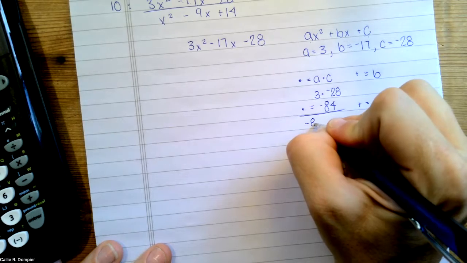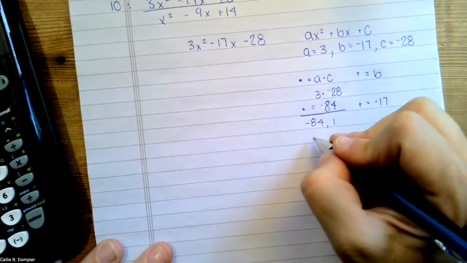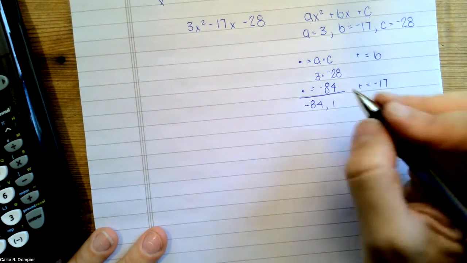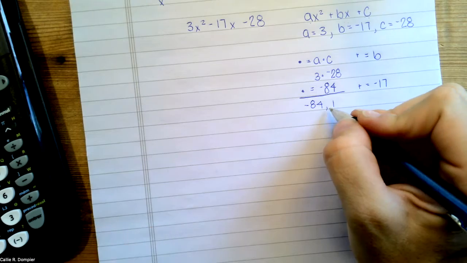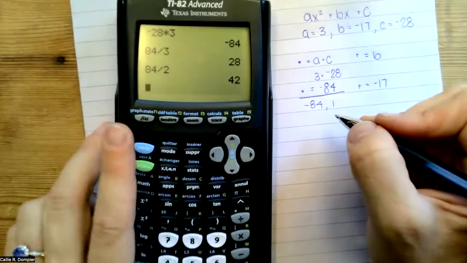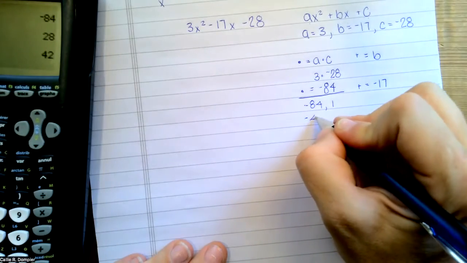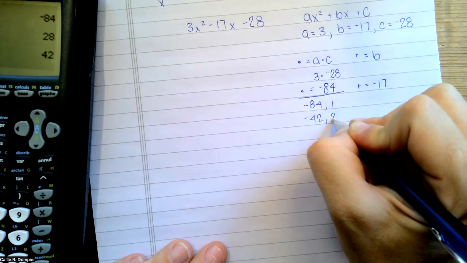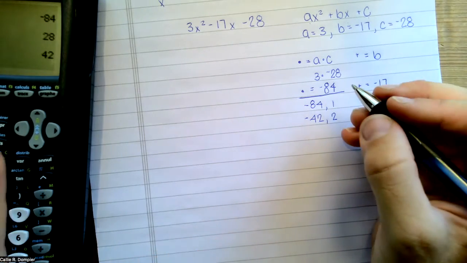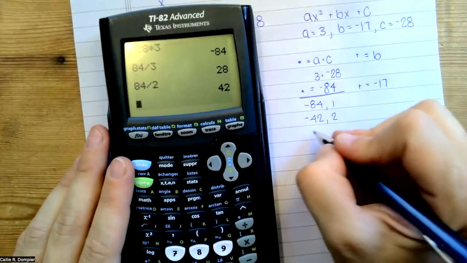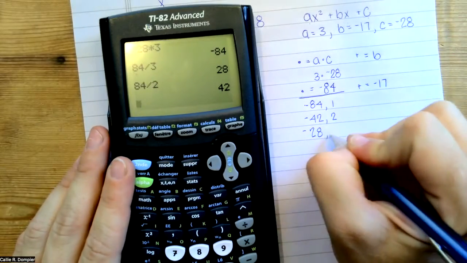Obviously, we have negative 84 and 1, or 84 and negative 1, right? We have, what's 84 divided by 2? It's 42. So we have negative 42, 2, right? We have negative 28 and 3.